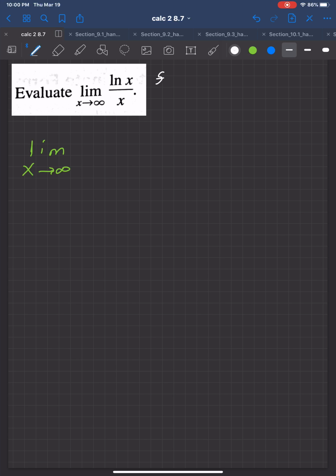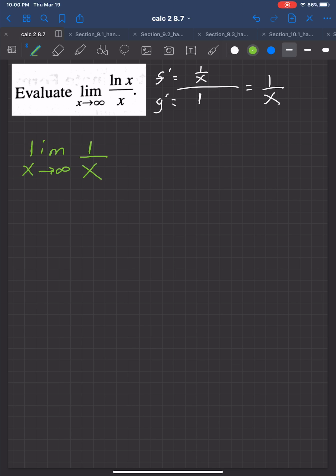So in this case, the derivative of ln x is just 1 over x. The derivative of x is just 1. So 1 over x divided by 1 is just 1 over x. And now let's bring that guy down here.